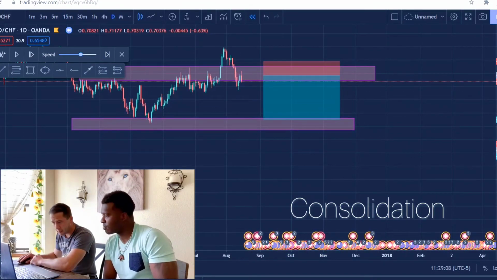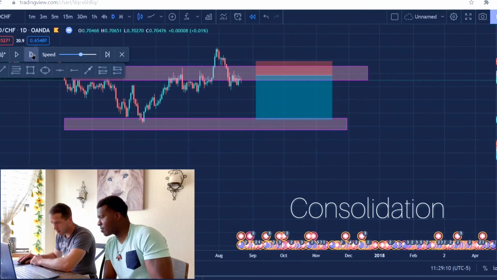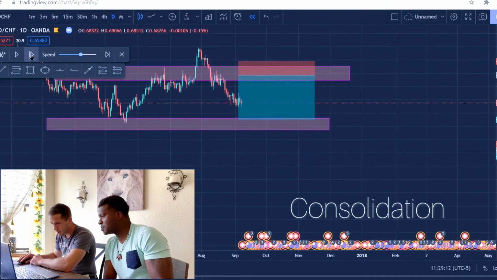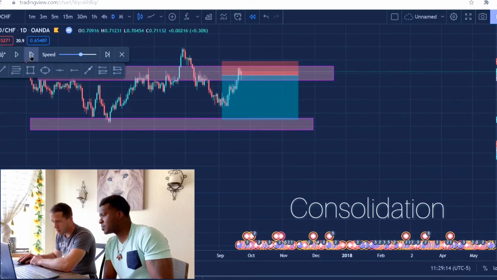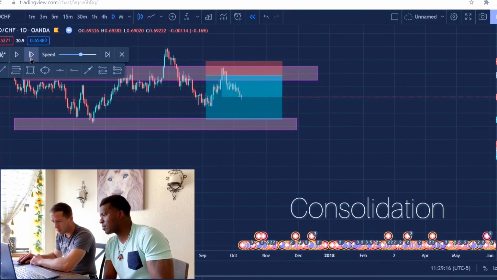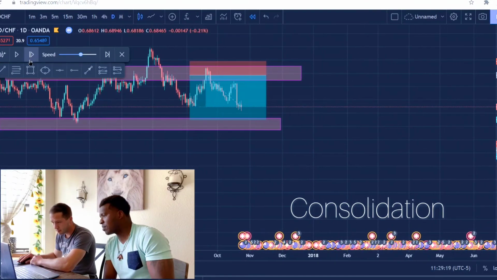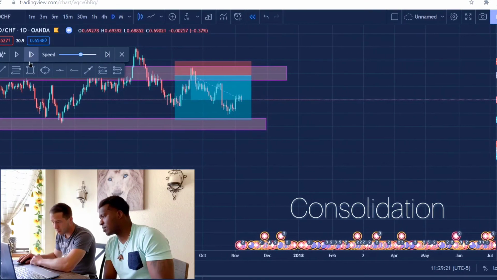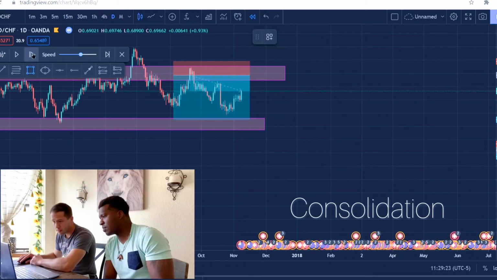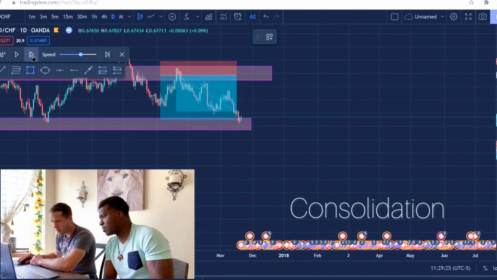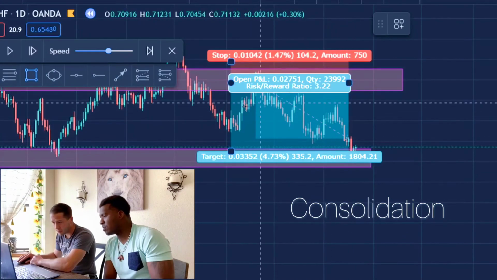And we'll sit here and play it out and see what happens. So still pushing up with a healthy stop loss, kept us in the trade. Pushing down, pushing down, pushing down, boom. All right, so as you can tell, we won the trade from here.